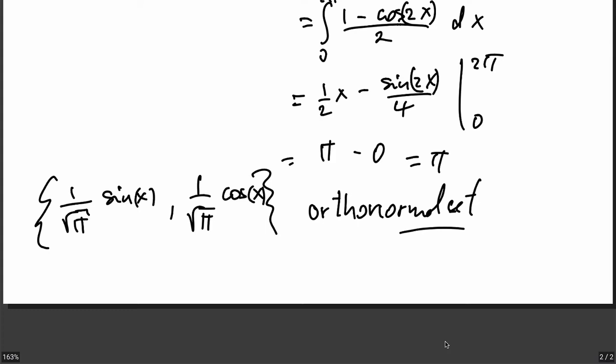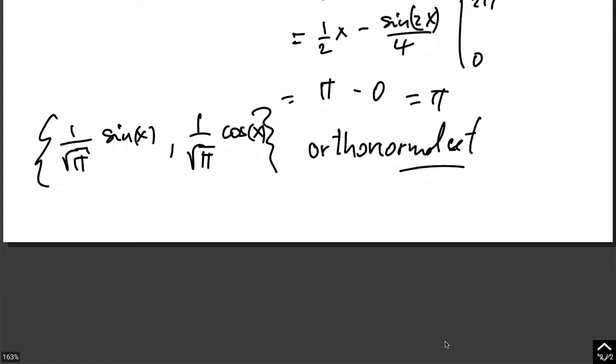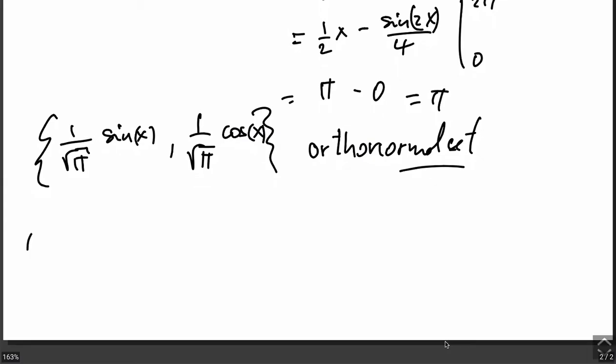So it's interesting to think about what orthogonality means, especially if we have functions. How can we see what it means to have two functions that are orthogonal to each other?